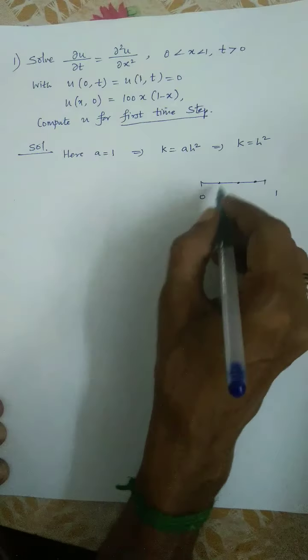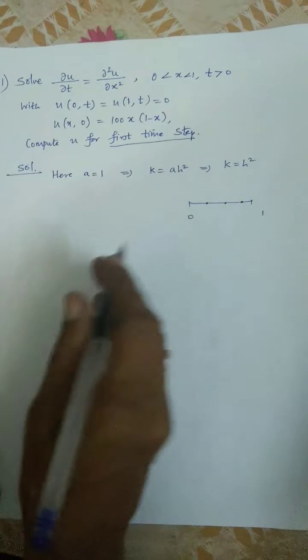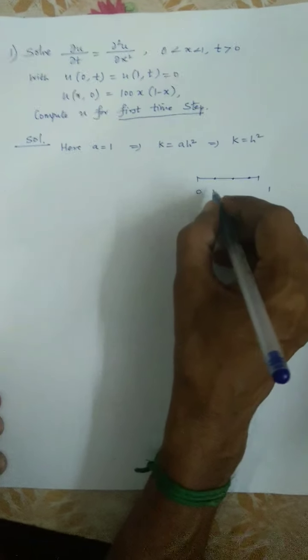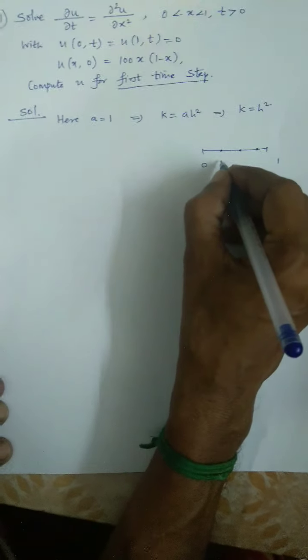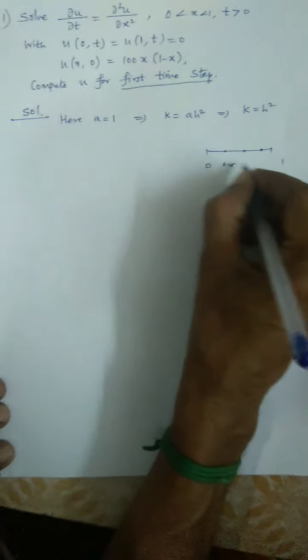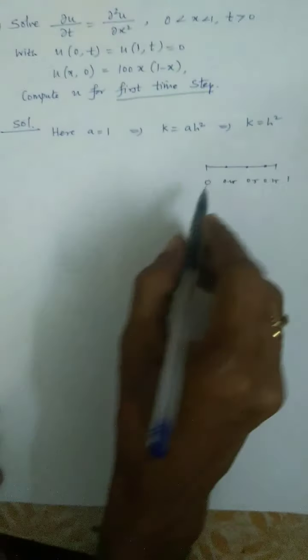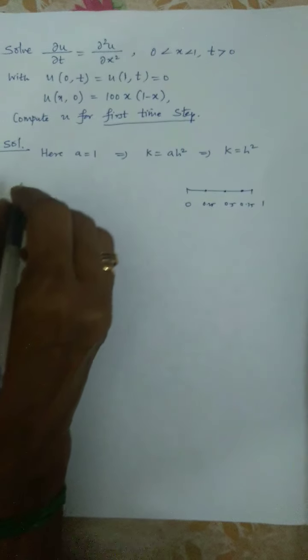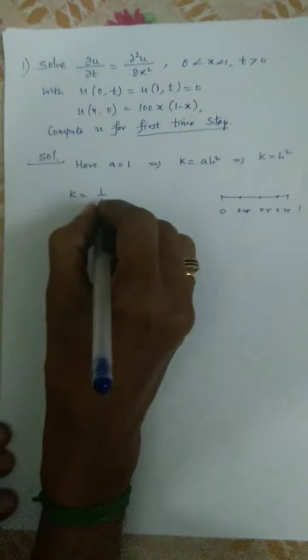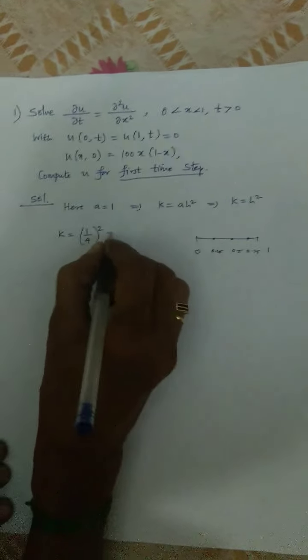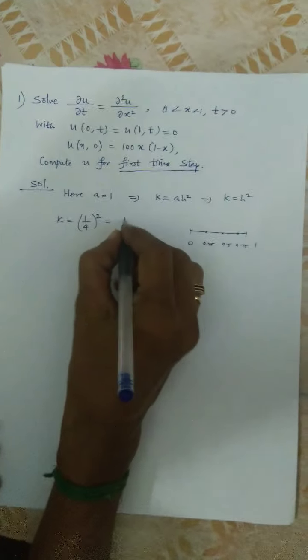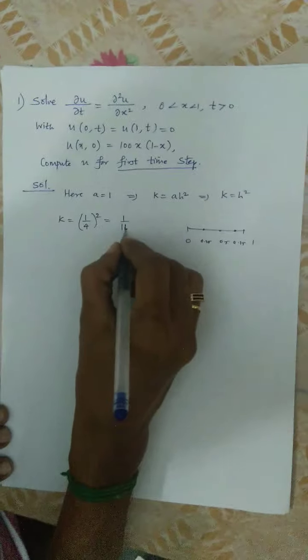We are going to solve a system of equations, which is the outcome of the implicit method. So the points are 0.25, 0.5, 0.75. I am going to take the step size 0.25. Therefore, k equals 1 by 4 whole square, which is nothing but 1 by 16.